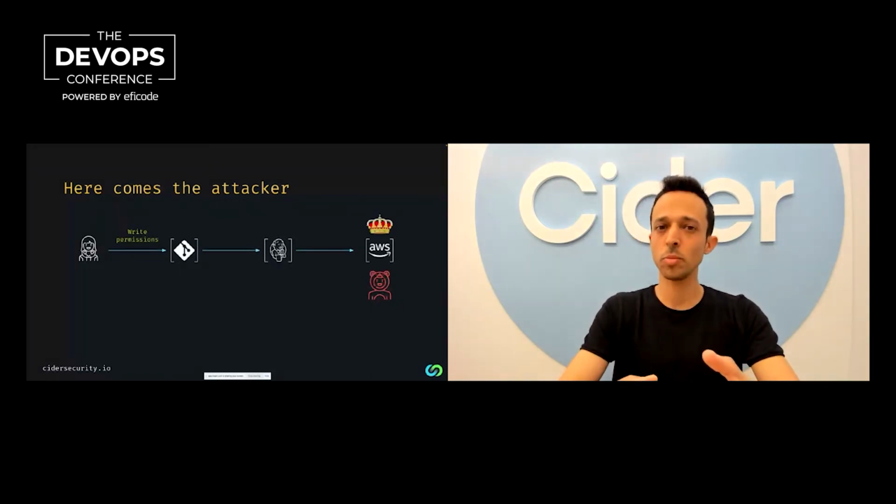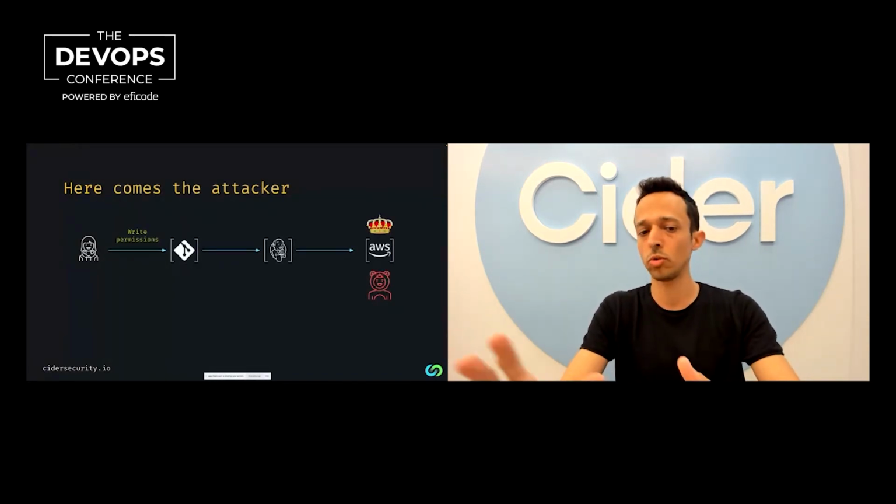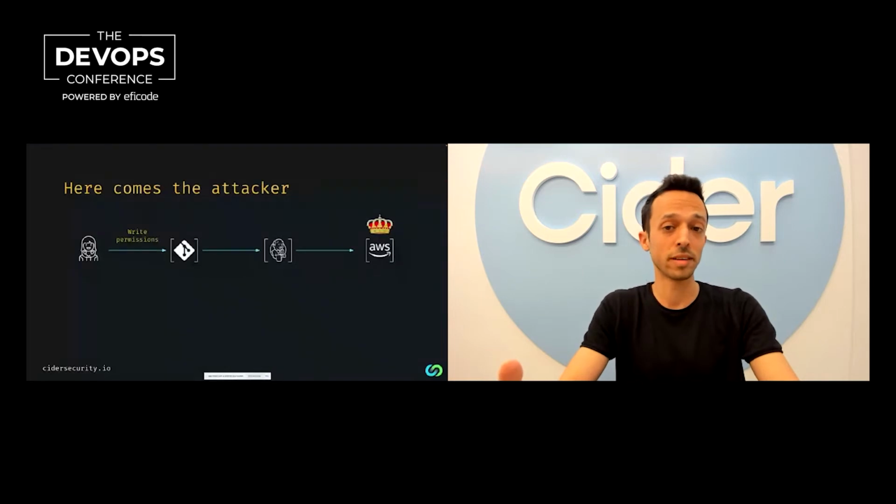But as we said a moment ago, it might not be so easy to carry out because today there are many security controls and people that want to prevent exactly this kind of scenario from happening. So the attacker will try to look for another path to reach production. And he knows that there's probably a CI/CD pipeline leading to production starting from this developer.